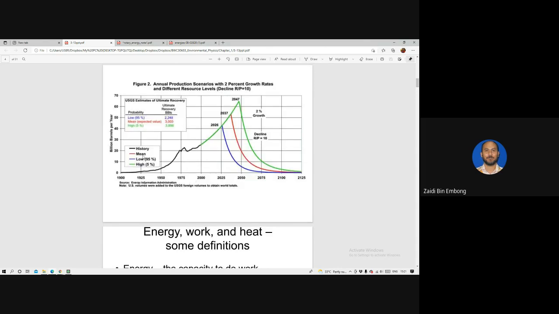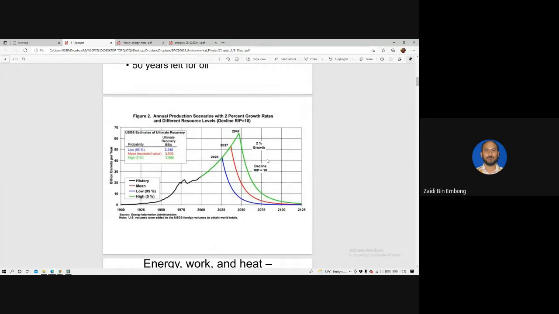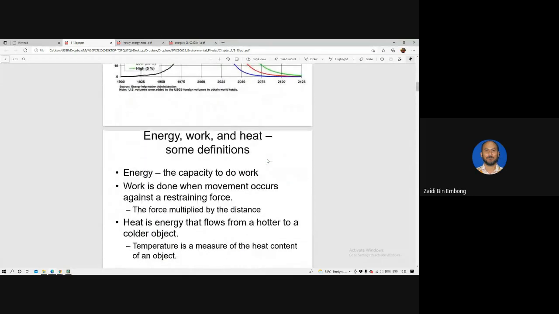We can see the use of energy, in terms of barrels of oil per year, increases, and then declines depending on the storage. Then, once there is no fuel, it declines, and people need to start thinking about another kind of alternative.